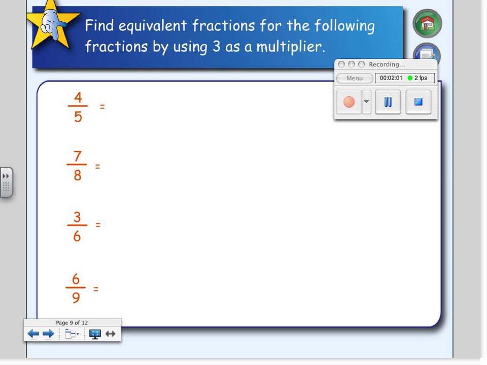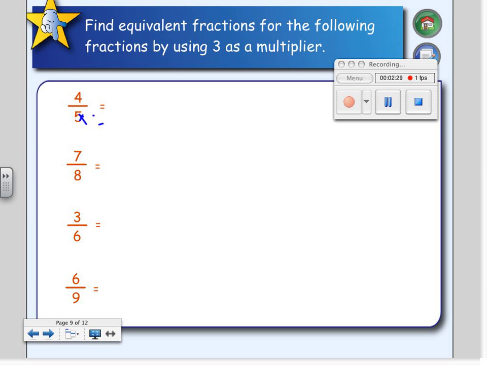I think the easiest way would be to show the top and bottom multiplying by 3.